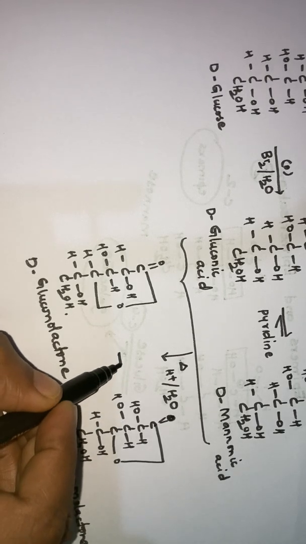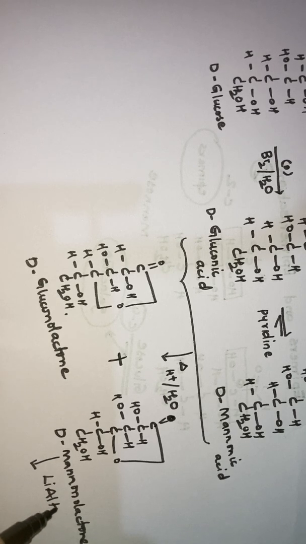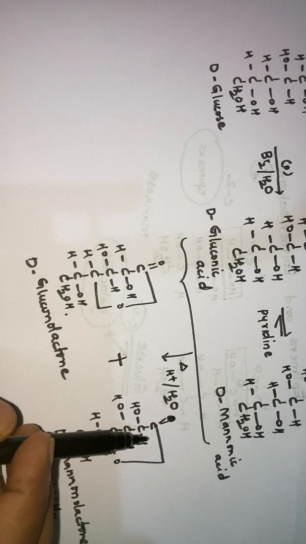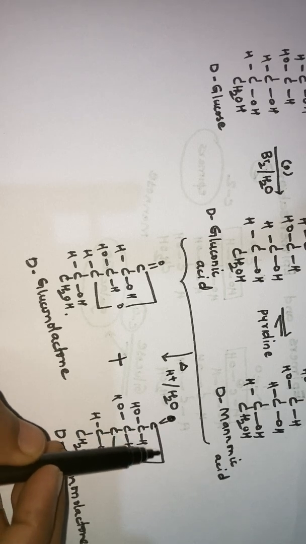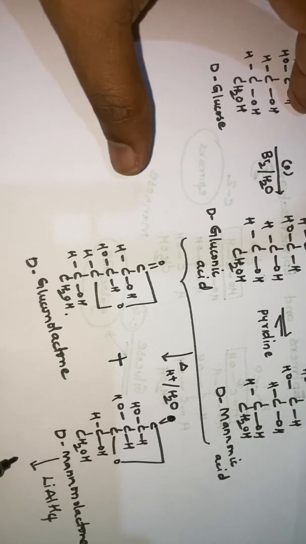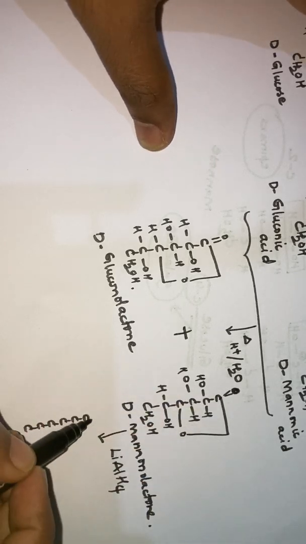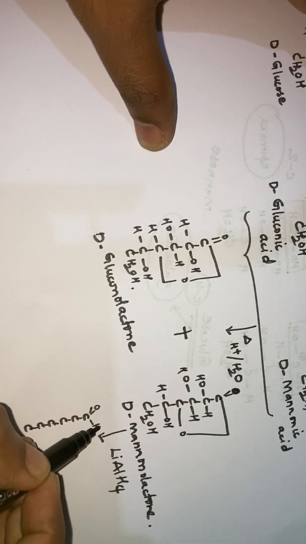You get a mixture of these two. Separate them and take the mannonolactone and subject it to reduction. When you reduce it, the lactone bond breaks and you get an aldehyde here, at carbon 1 of the 6-carbon chain.